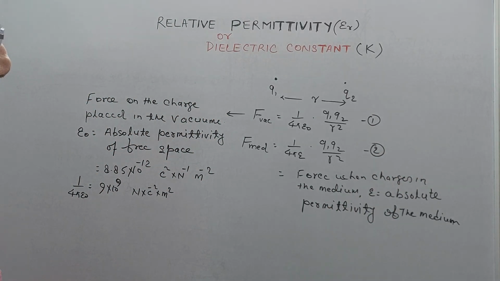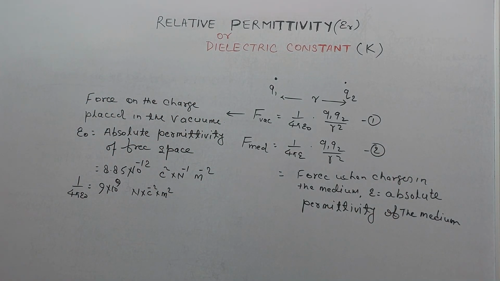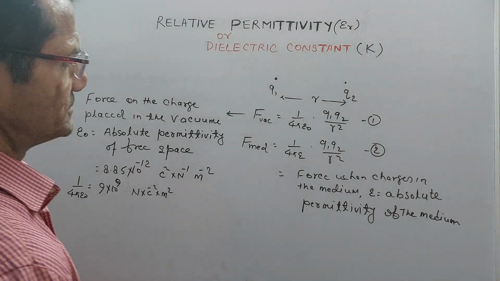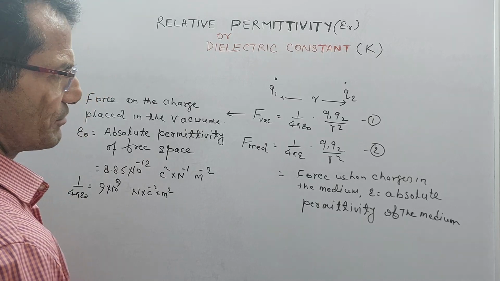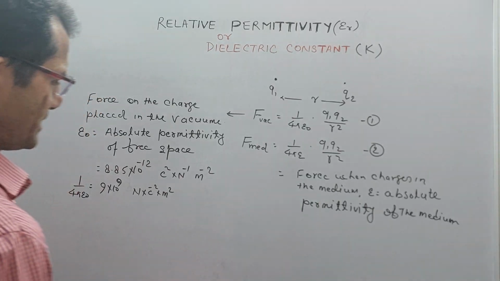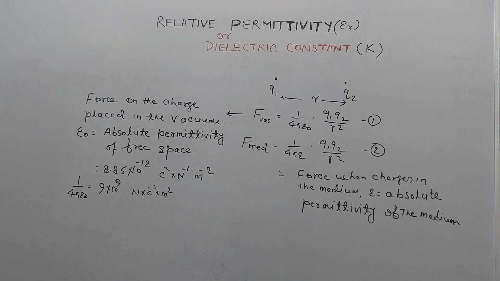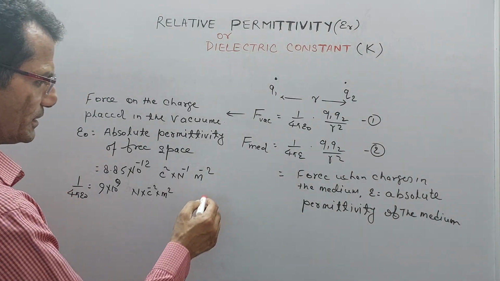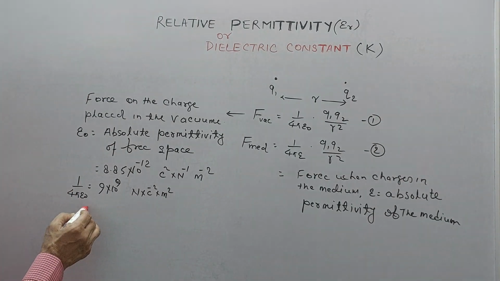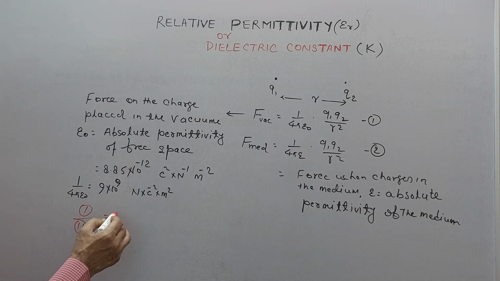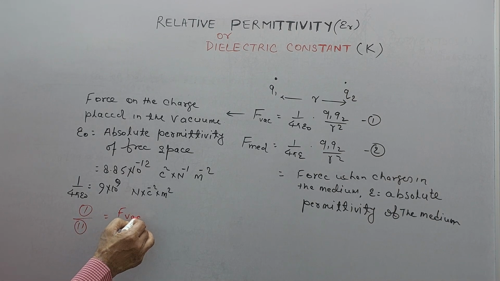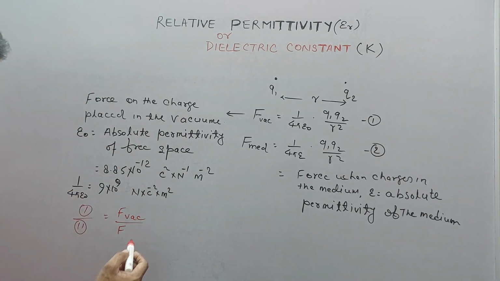If I divide first by second, we get epsilon upon epsilon naught. So this relation becomes, putting the value of first as the force between the charges when they are placed in vacuum, divided by the force when they are placed in the medium.